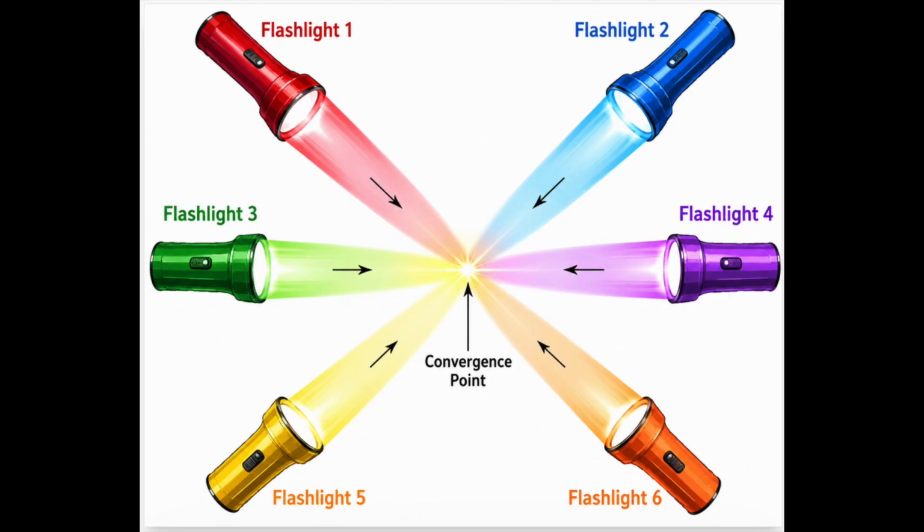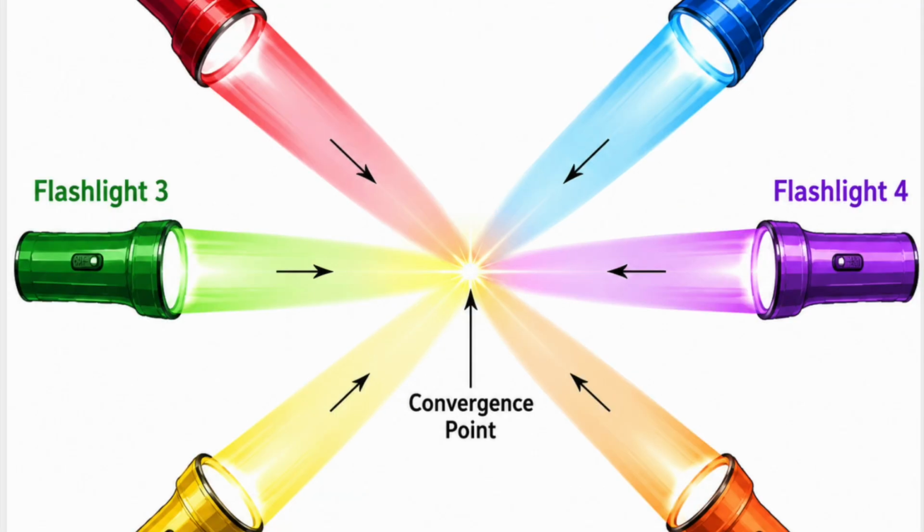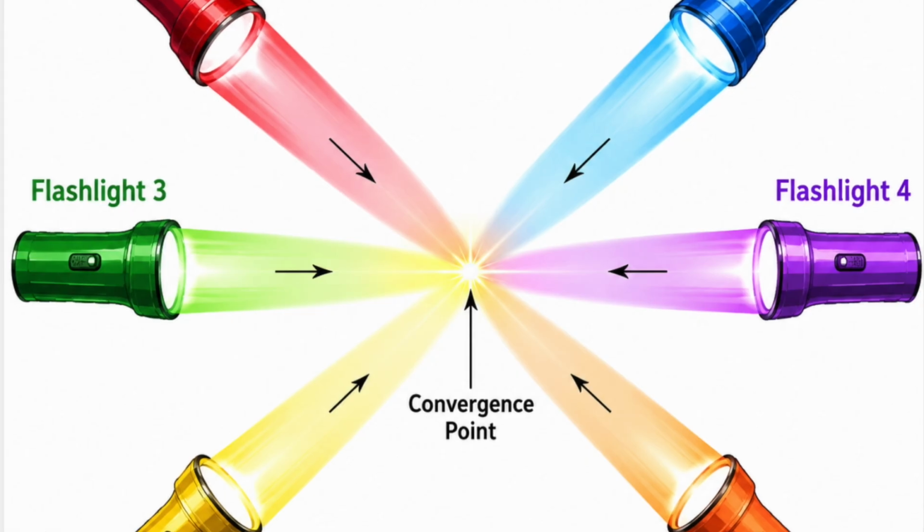I'm giving a very simple explanation here. Each flashlight alone is not too intense, but where they all intersect, the light becomes very bright.